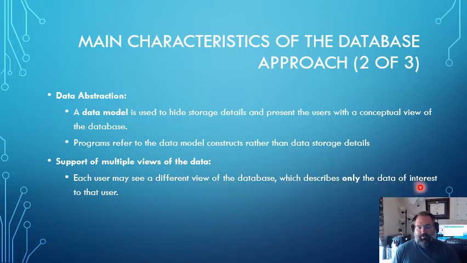Each describes only the data that is of interest to that user, and take that a step further. Sometimes they can only see that stuff which they're allowed to see. That's oftentimes referred to as row level security. The basic idea is that sometimes you don't want you and I to see the same things. In that scenario, I might see 5 rows and you might see 4. So it's based upon who you are that determines potentially what you see.